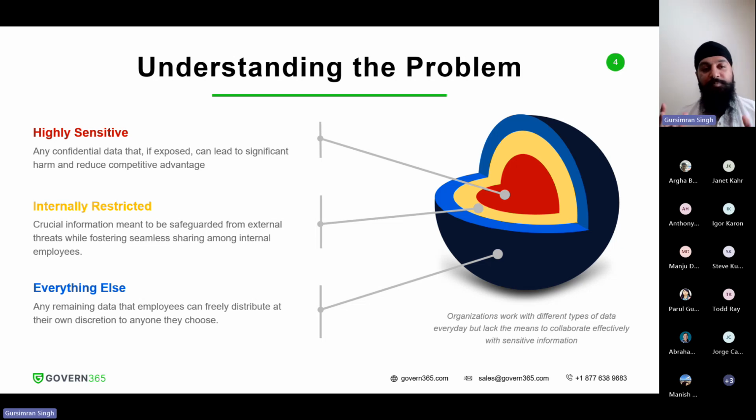The internally restricted data is pretty self-explanatory: we want to keep this restricted to within the organization, and we don't want it to get circulated outside. So there are certain strategies to play into this as well.